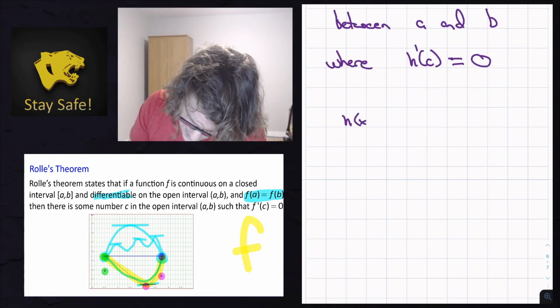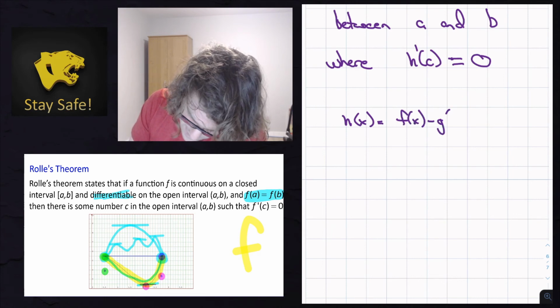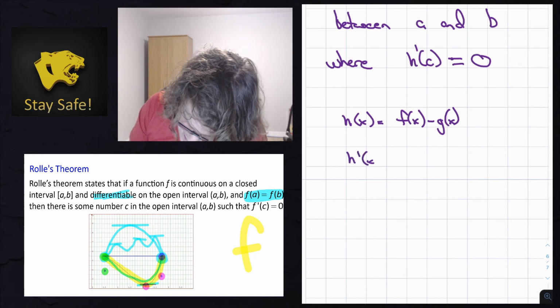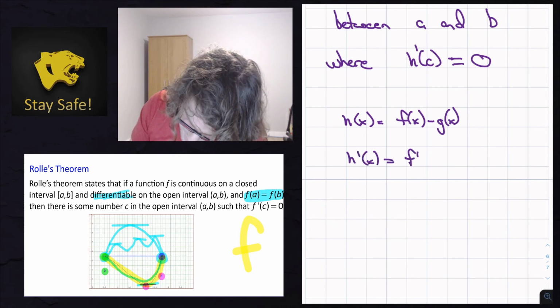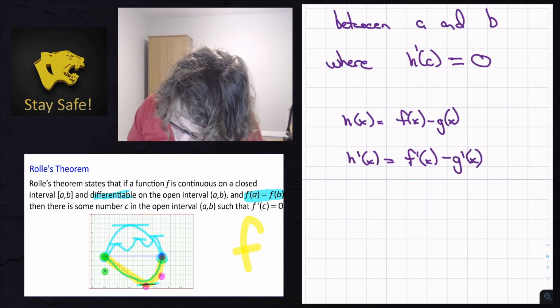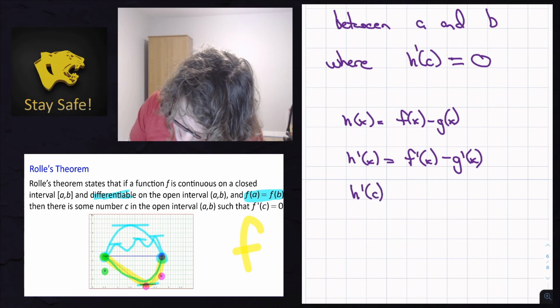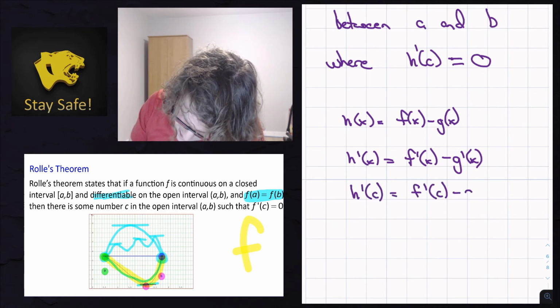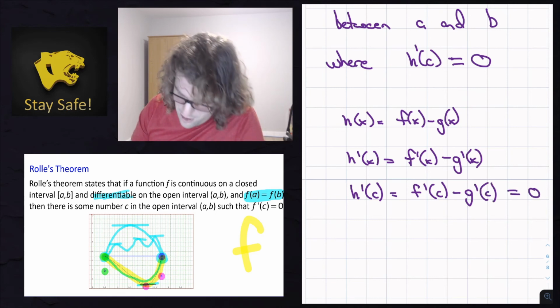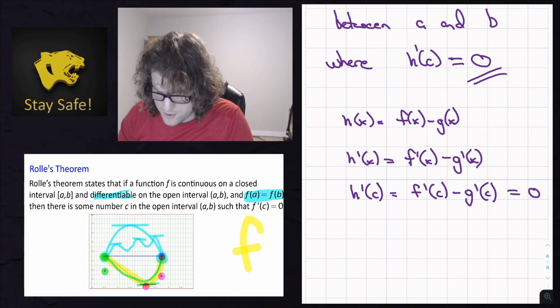h of x is equal to f of x minus g of x. H prime of x then is equal to f prime at x minus g prime at x. H prime at c then is equal to f prime at c minus g prime at c, but it's also equal to 0. We know it's equal to 0 because of Rolle's theorem.